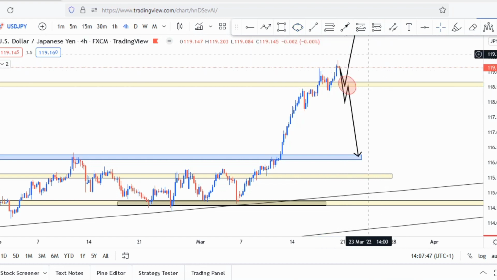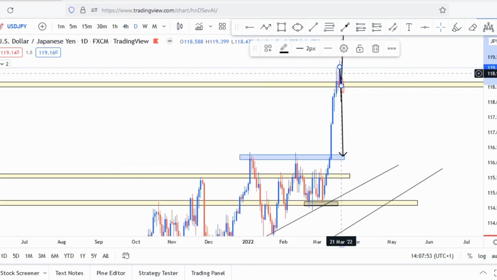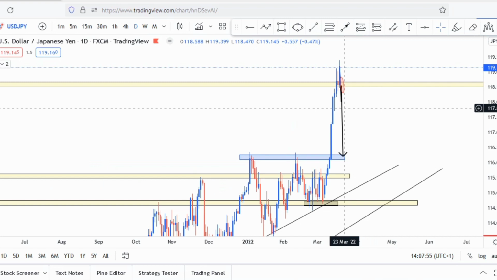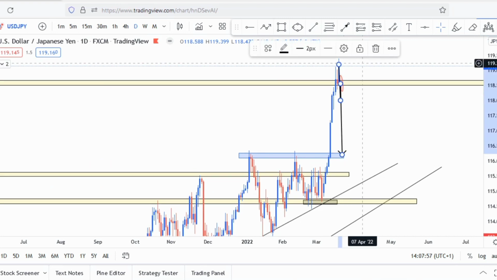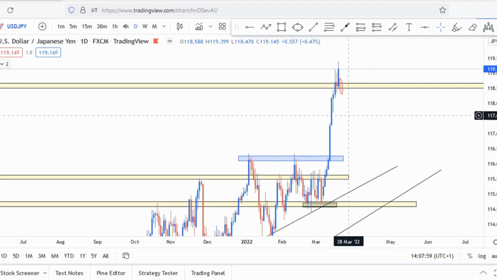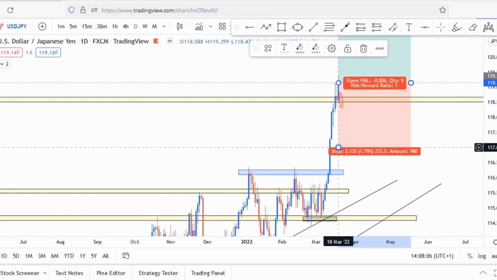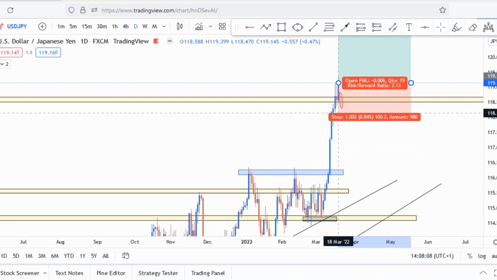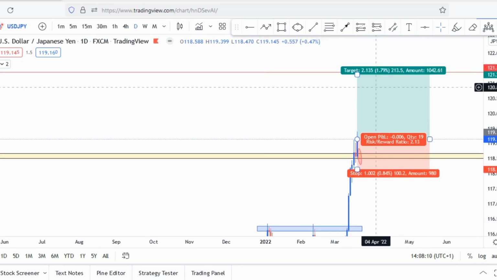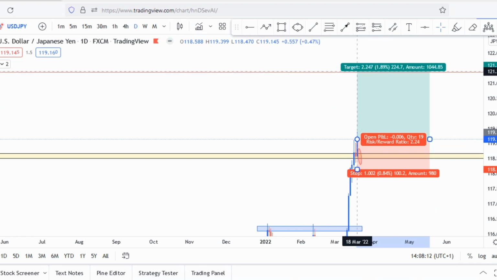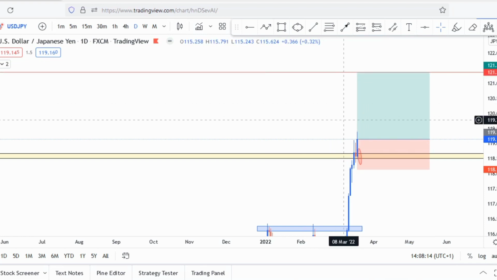And like I said, if you are feeling very adventurous, and based on what we see on the daily time frame, if you just want to enter the trade like that without waiting for any sort of retest, you can take your trades there. Could be very risky, but you can still take your trade there. Put your stop loss somewhere here around the 100 pips, and then you'll be aiming for around 200 pips thereabouts.